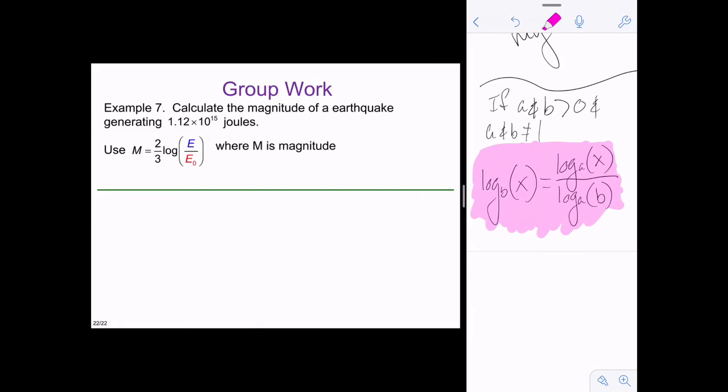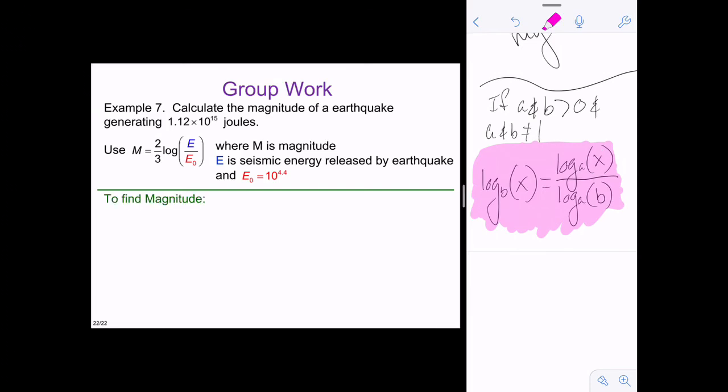We're told M is magnitude, and E is the seismic energy released by the earthquake. And E naught is just this constant number. It's 10 to the 4.4.